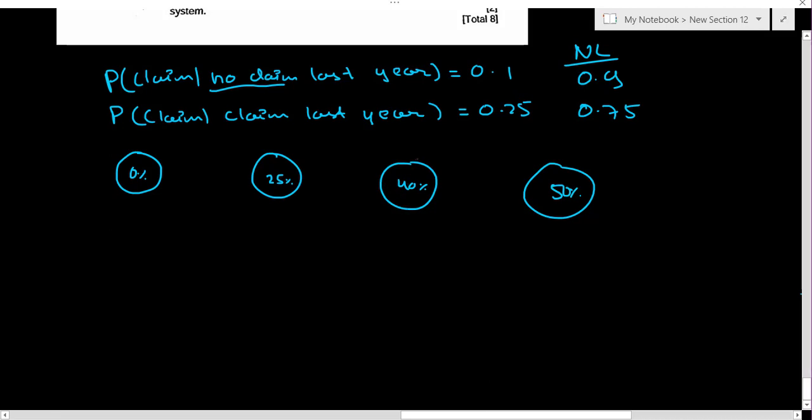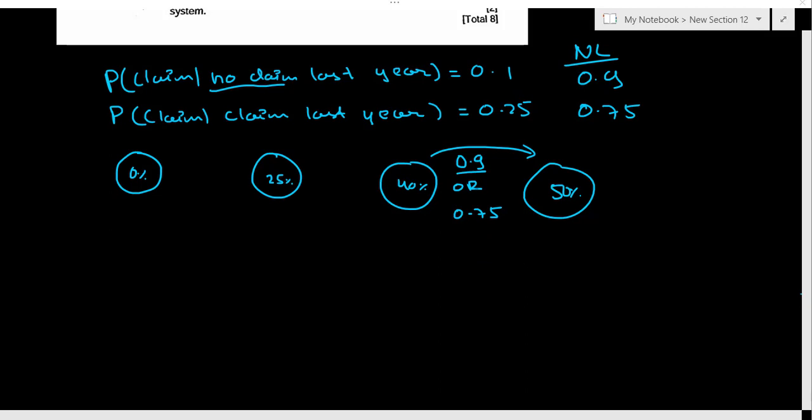So for example, if a person is at the 40% level of discount, he can move to the 50% level of discount if he does not make a claim, with a probability of 0.9 or with a probability of 0.75, depending on whether or not he made a claim last year. Now how do we model this?